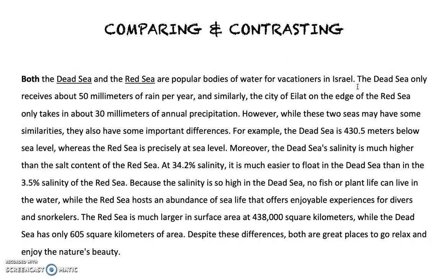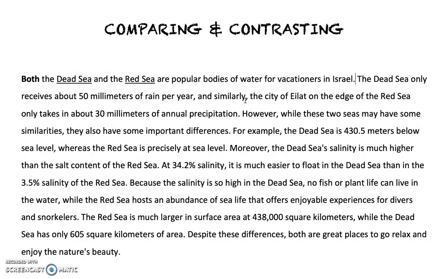Let's see what the next sentence says. It says the Dead Sea only receives about 50 millimeters of rain per year. And similarly, the city of Eilat on the edge of the Red Sea only takes in about 30 millimeters of annual precipitation.